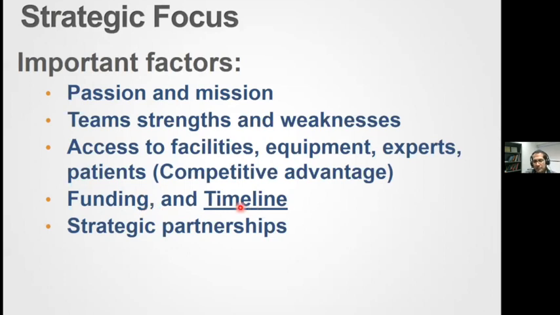For example, during this pandemic, if you're looking at coming up with better solutions for respirators, you're looking at a 3 months, 6 months timeline. But if I had 10 years, 15 years, maybe I would be looking at a completely different type of problem fundamentally with a different objective altogether. And also, it's important to take into account the strategic partnerships that we have in place.